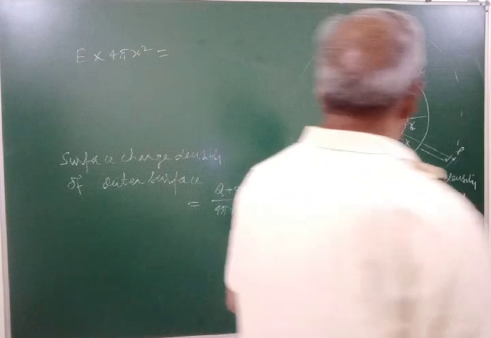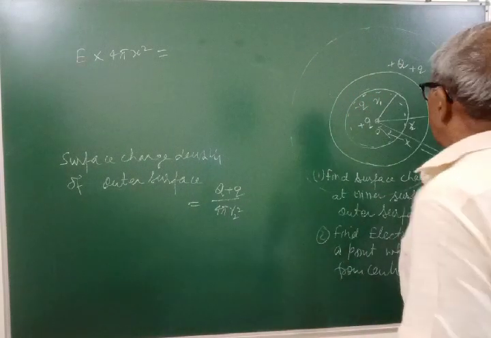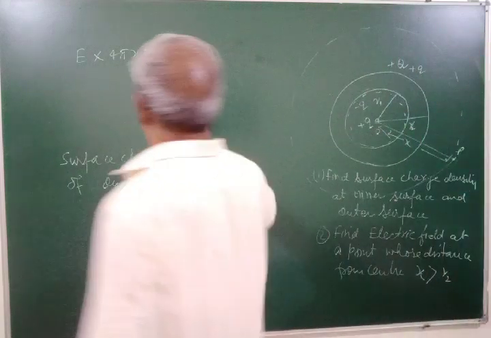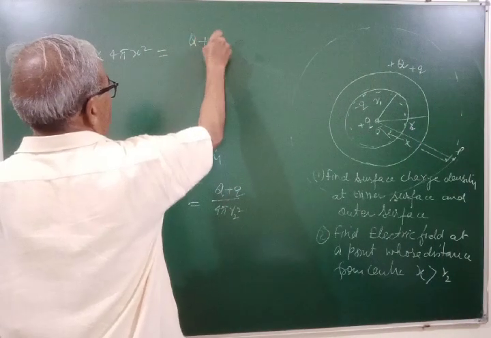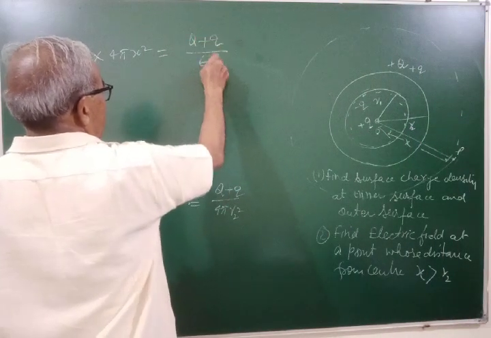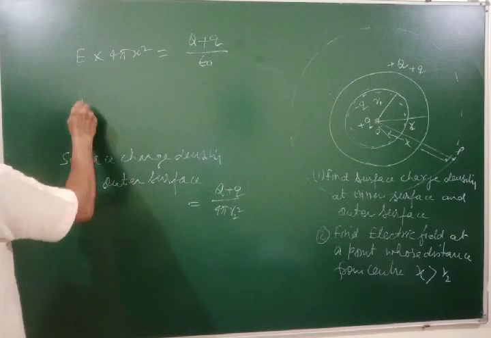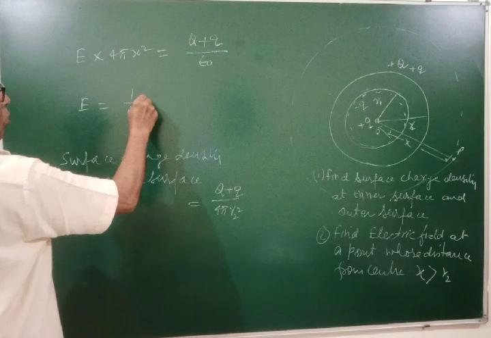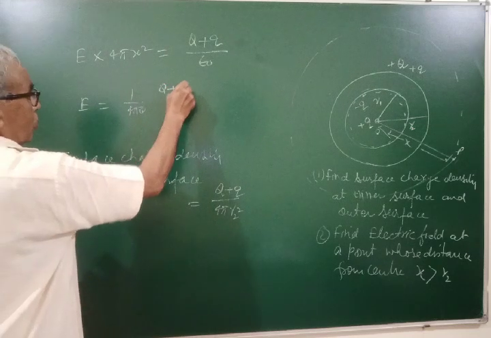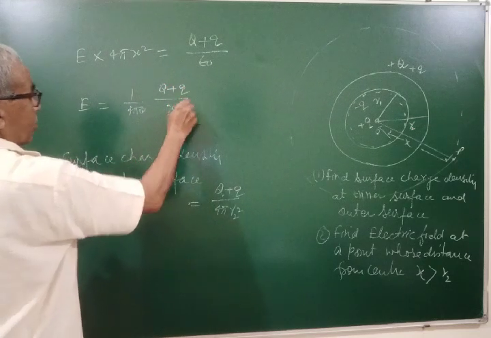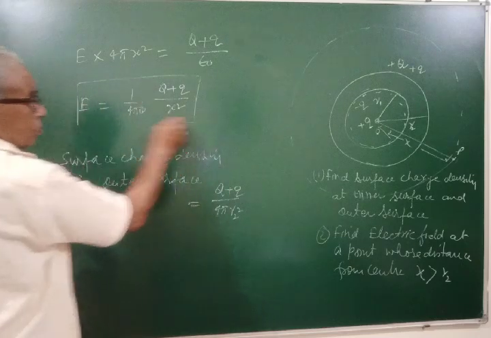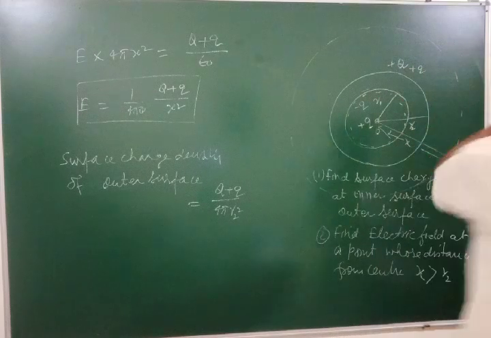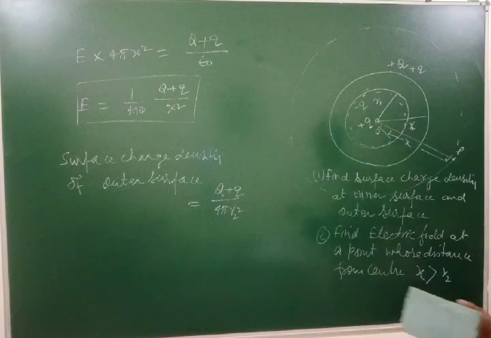You may think of minus q plus q, actually plus q and minus q cancel, and the total charge inside is Q plus small q upon epsilon 0. And hence E is equal to 1 upon 4 pi epsilon 0 into Q plus q upon x square. That's all. This is a simple question.